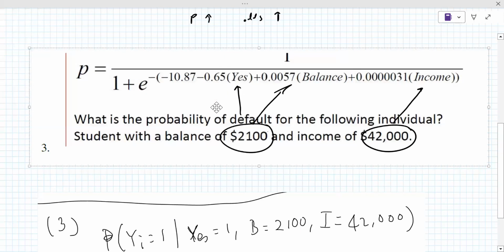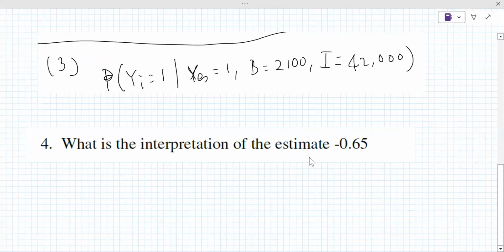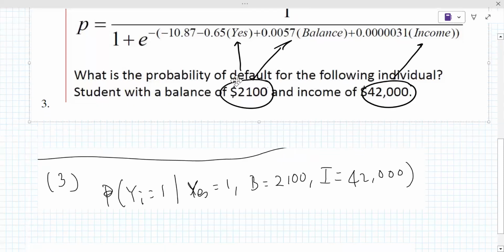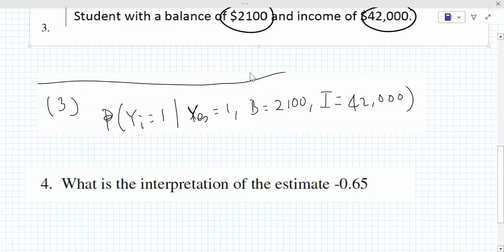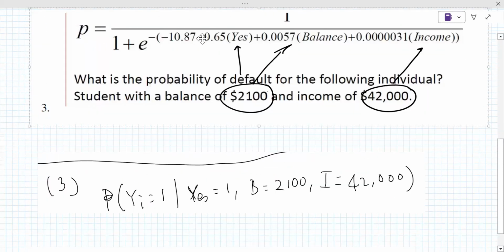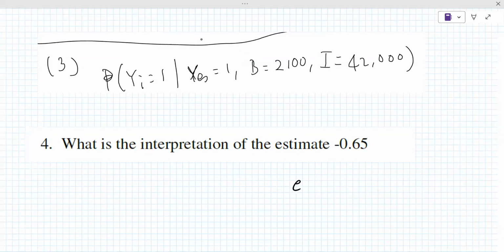So it contributes to the probability of default, like you said, and the e to the minus 0.65 is the part that it contributes.